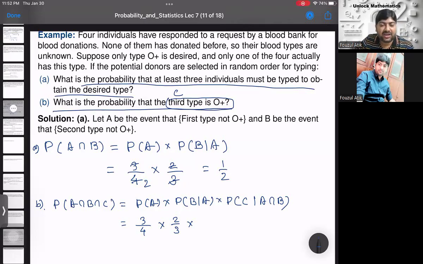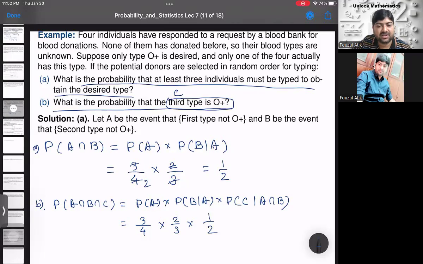So basically we have two choices left, and among them one is O positive blood. Right? So how many are remaining? 2 are remaining. Among these, how many have O positive blood? It is 1. So the probability of C given A intersection B is 1 by 2.